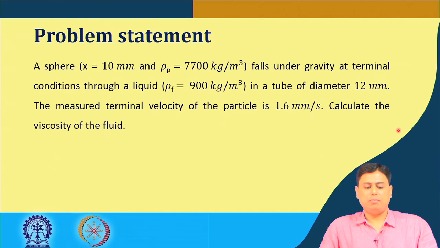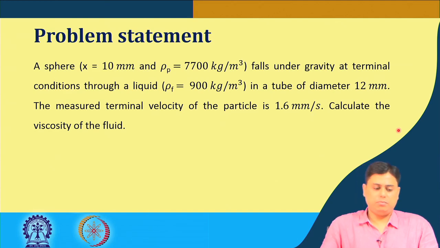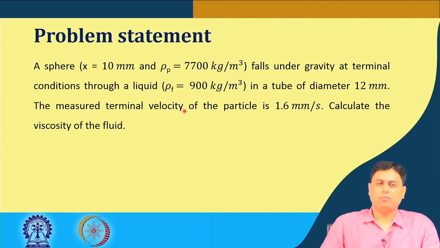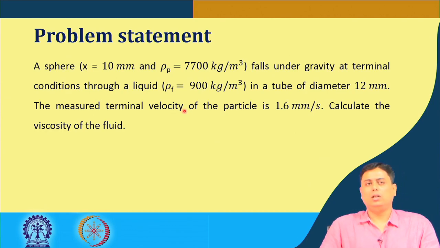The measured terminal velocity, see that term that is mentioned, it is the measured terminal velocity. It is not the terminal velocity at a free falling condition in an infinite pool of liquid. So we have to calculate the viscosity of the fluid.